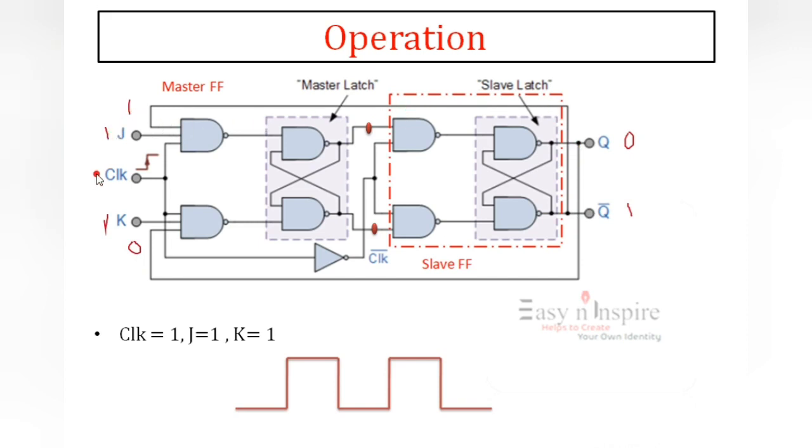I am just giving 1, 1, 1 to this one. It results in 0 here and 1 here. So 0 is one input and 1 is the other input of the NAND gate. We know NAND: for inputs 00, 01, 10, 11 the outputs are 1, 1, 1, 0. This is my truth table.